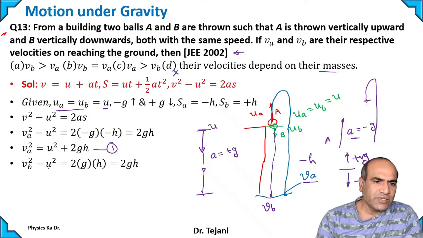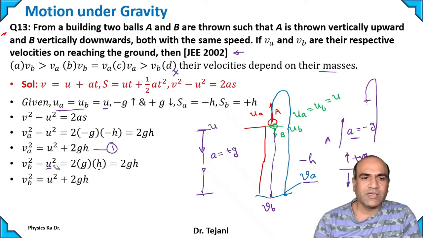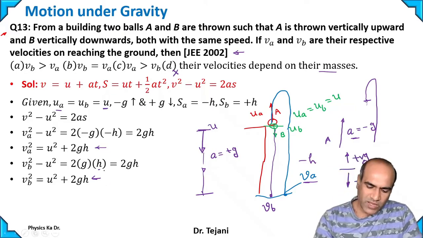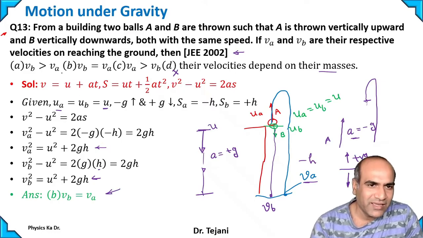Put the values here: VB square is equal to U square plus 2gh. If you see both the equations, VA square is equal to VB square. So the answer is VB is equal to VA, right?